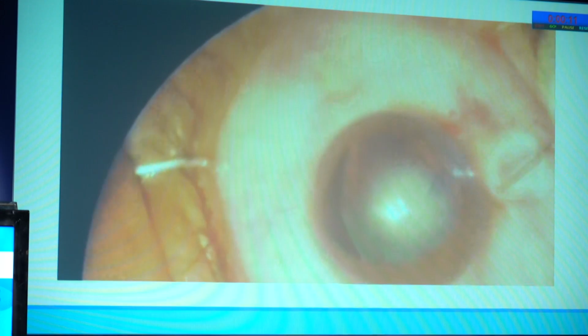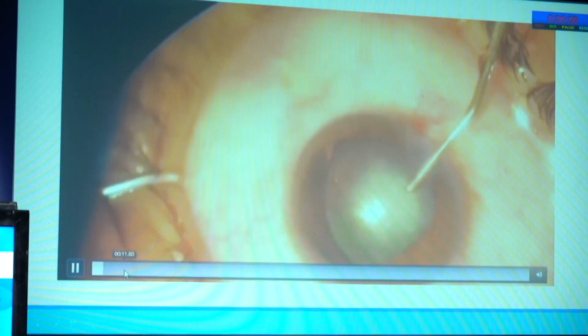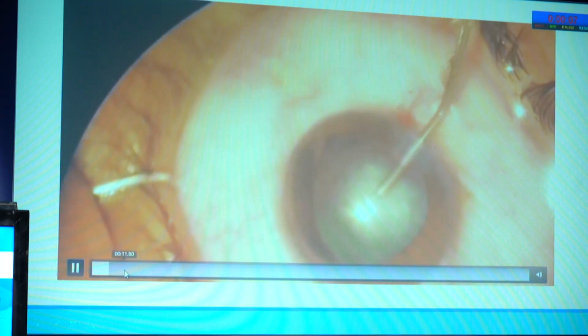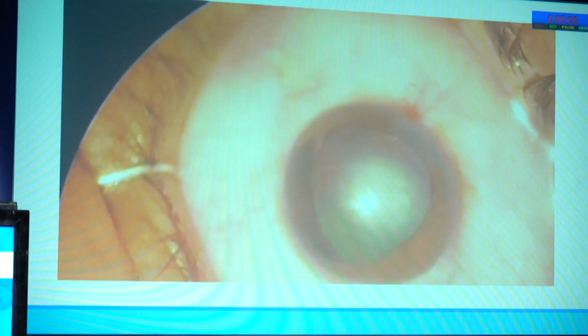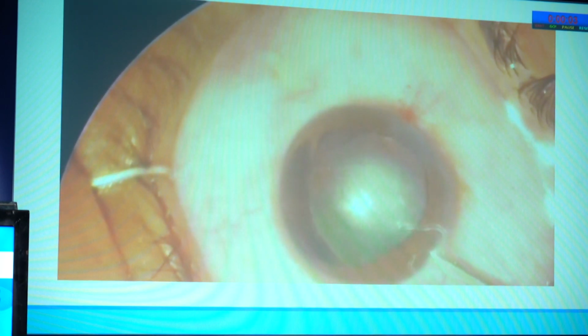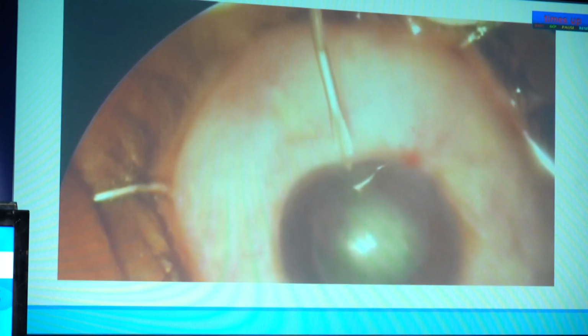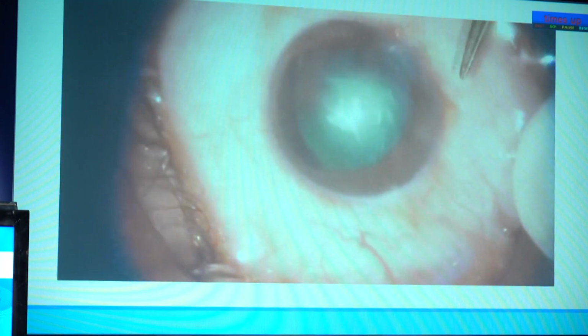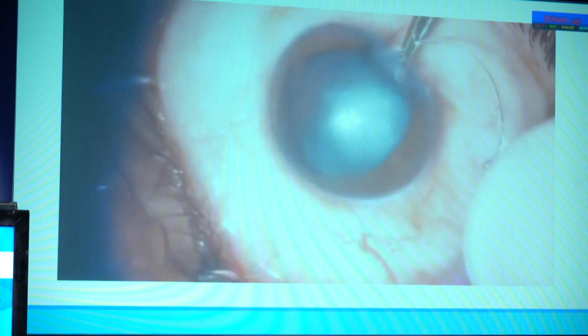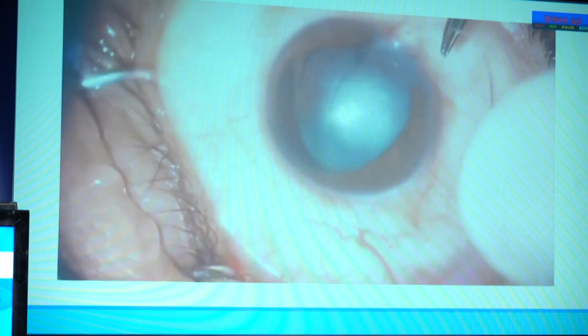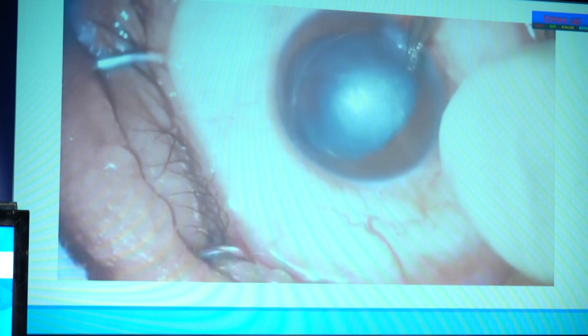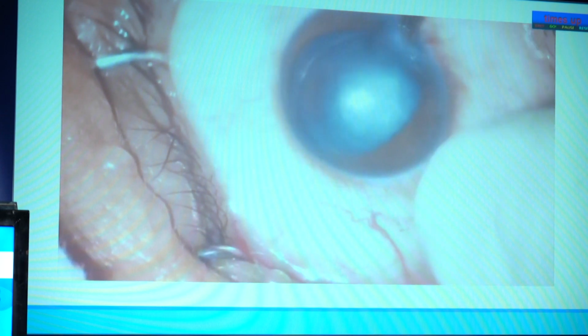So this is a case which I recently did on a patient, a VIP patient. It did not alter my surgery. So you can see that CTR is placed. This is moderate kind of dialysis.